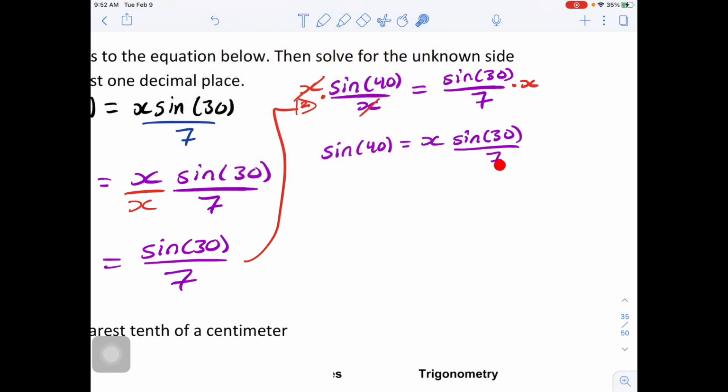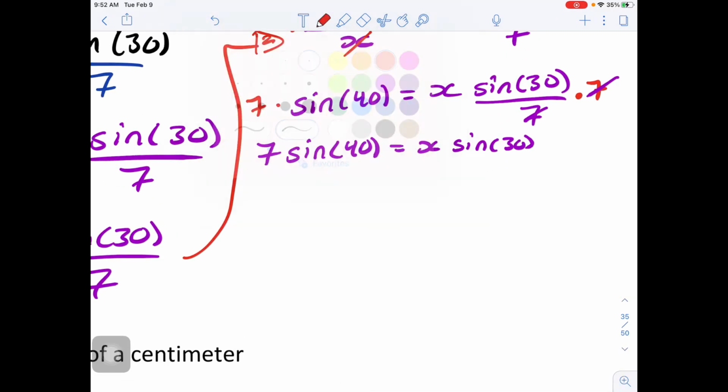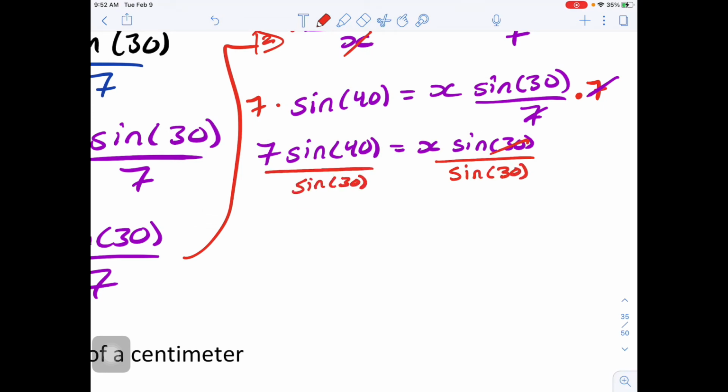Here 7 is dividing, so I'm going to multiply both sides by 7. So I get 7 times sine 40 equals x sine 30. So these canceled out, and now I can divide by sine 30. And now I have the ability to plug this into my calculator.